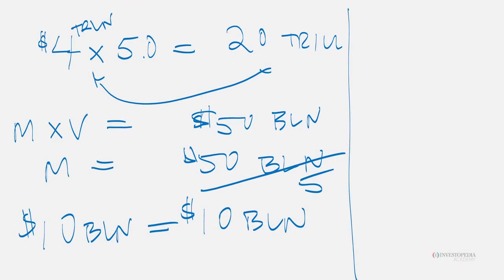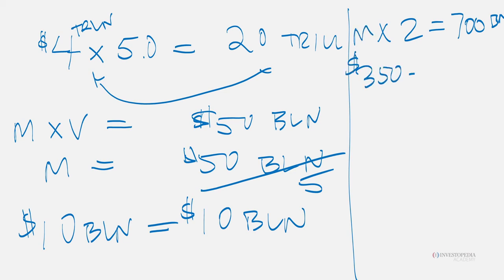So a quick assumption is that the velocity, let's say, is 2, and the gold market, which is 10% of 7 trillion, would be 700 billion. So now the Bitcoin needed would give you a $350 billion market cap because you take 700 divided by 2.